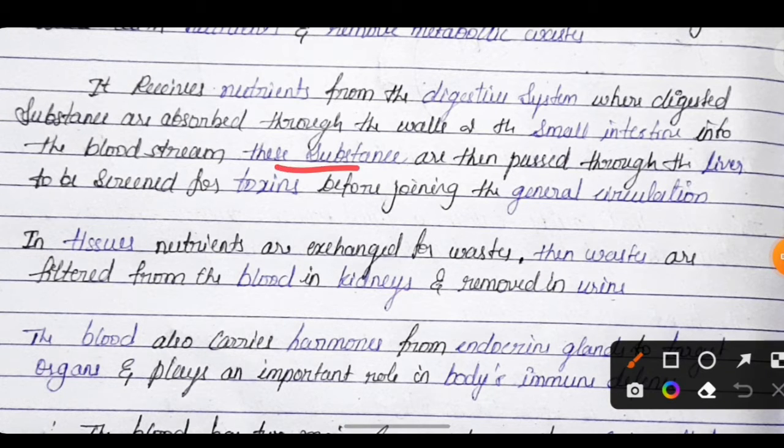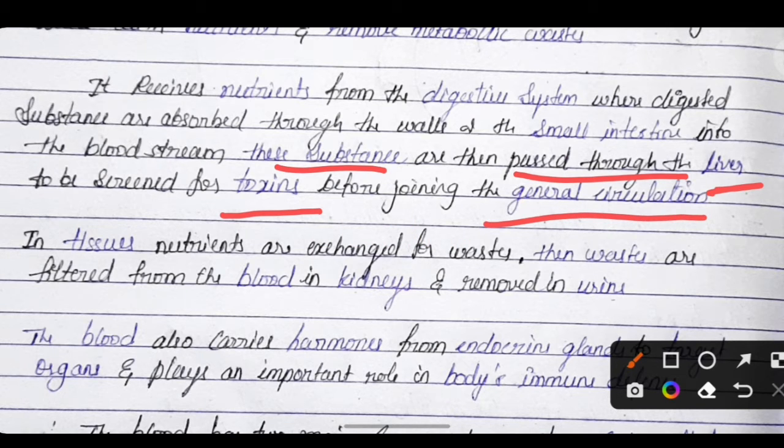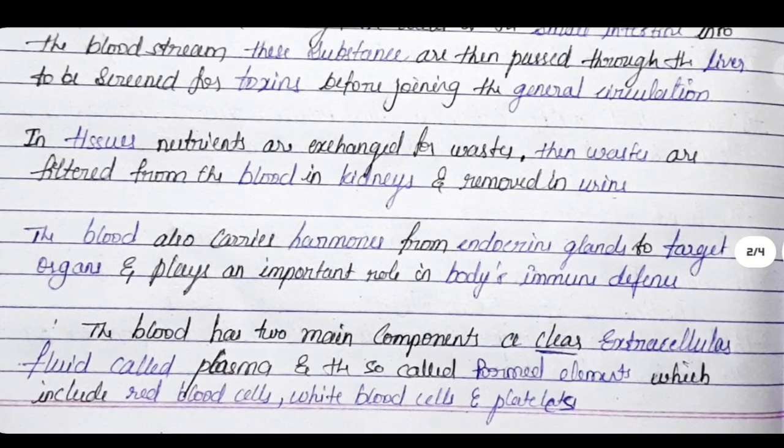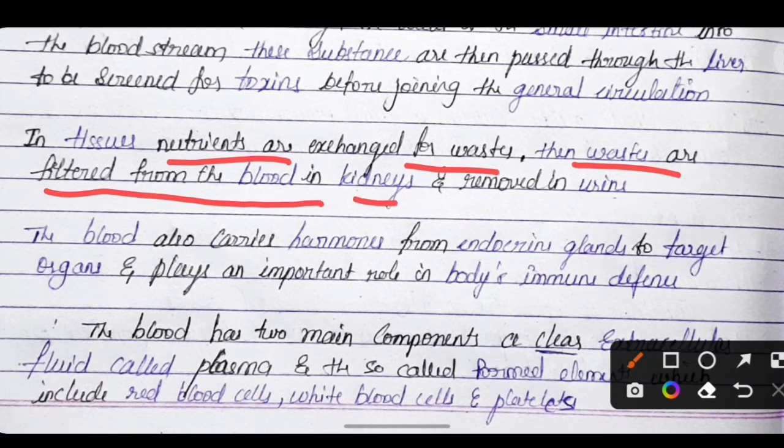These substances are passed through the liver, where screening takes place before joining the general circulation. In tissues, nutrients are exchanged for waste, then wastes are filtered from the blood in the kidneys and removed in urine.